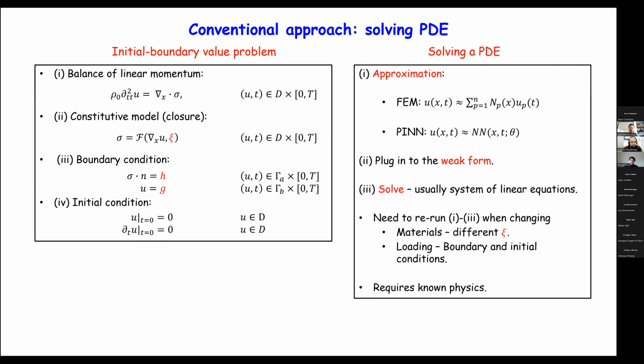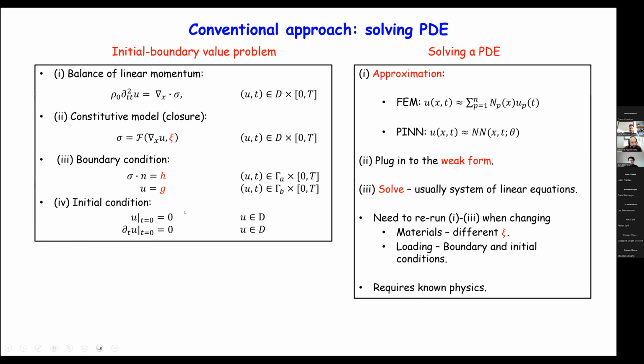I need to repeat 1, 2, 3, right? And of course, a further constraint of solving a PDE is that we need to know the governing equations explicitly. There's little room for discussion: when we solve it, we need to know what the governing equations are explicitly.